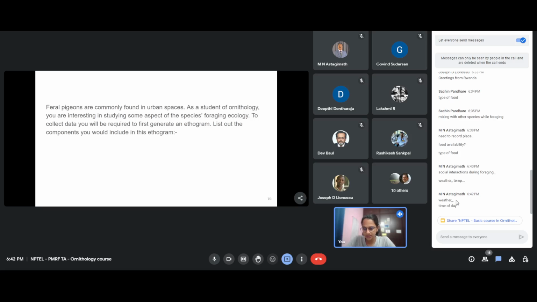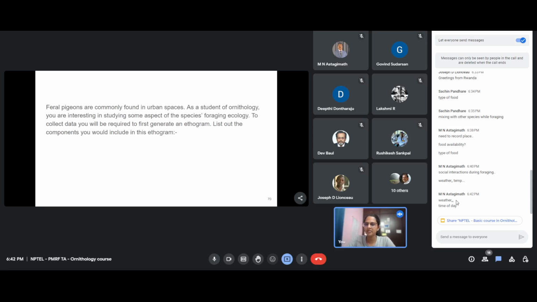But if you are studying some species that is non-urban, the temperature and weather will definitely affect availability of food resources, and perhaps the foraging source of the food item itself. Yes, time of the day, all those factors.